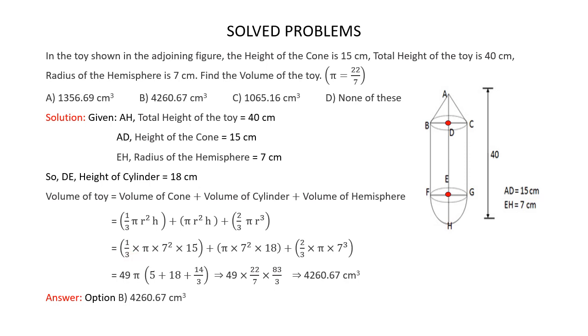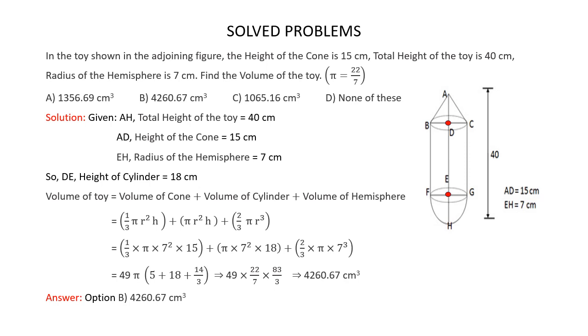Then you're left with 18. Here after taking out 49 pi as common, you are left with 2 by 3 multiplied by 7, which is 14 by 3. So now you have volume of the toy is equal to 49 pi multiplied by 5 plus 18 plus 14 by 3.